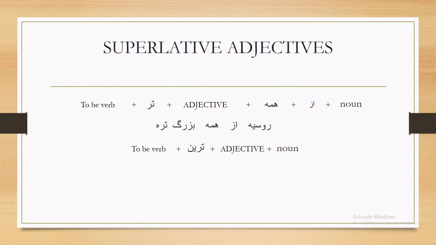For example, when we want to say Russia is the biggest, we say Russia at first, then the adjective big, which means بزرگ, and then ترین, and then the to be verb, which here is is, which means he. So we add he to ترین. So we have روسیه بزرگترینه. Russia is the biggest.